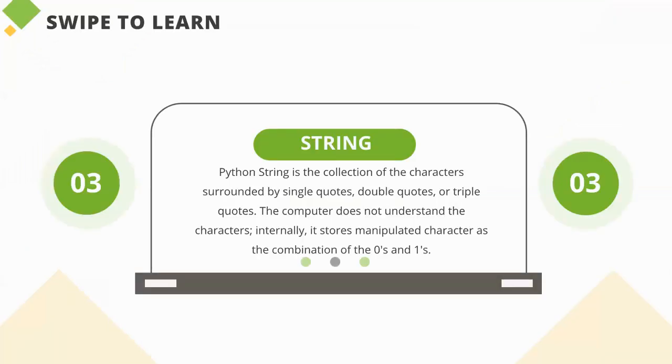String is one of the important data types. It's a collection of characters. Strings can be enclosed in single quotes, double quotes as well as triple quotes. You can define in any of the quotes, and strings are converted into zeros and ones and stored in the compiler.